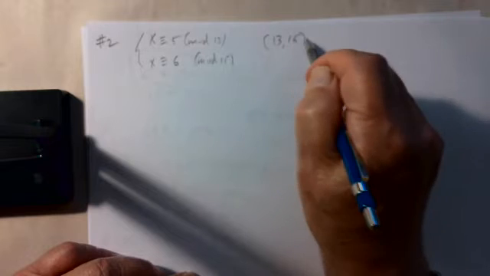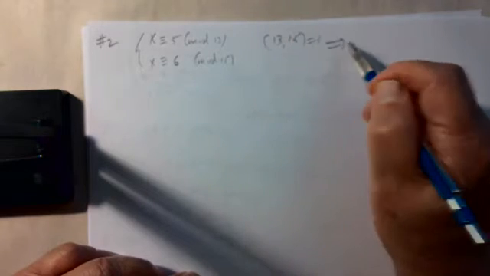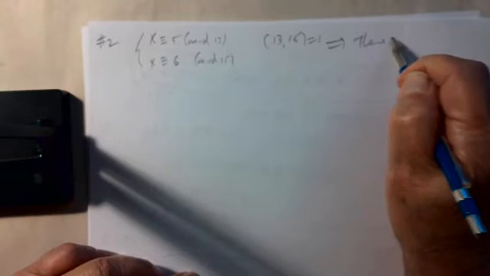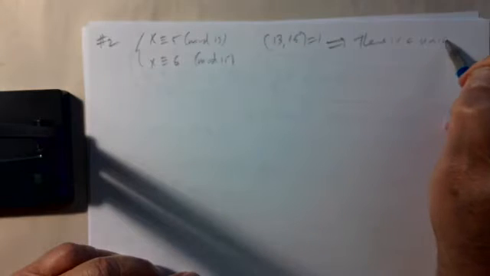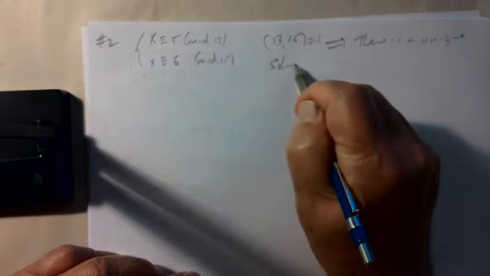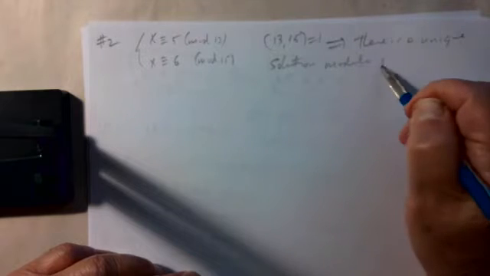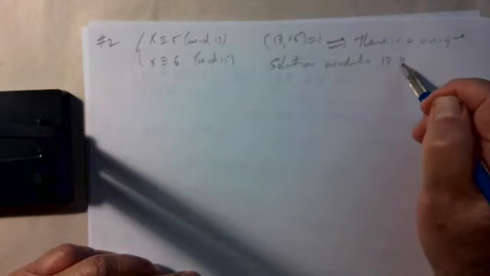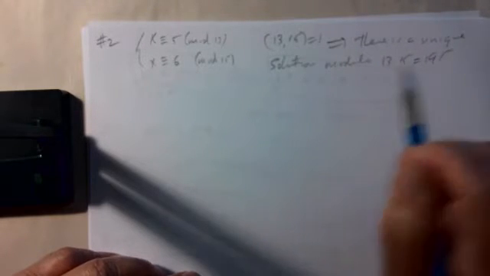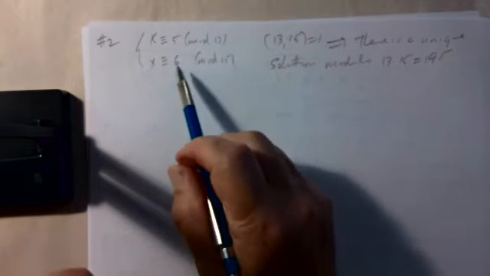And the fact that 13 and 15 are relatively prime means there is a unique solution modulo 13 times 15, which I think is 195. And how do we find it?